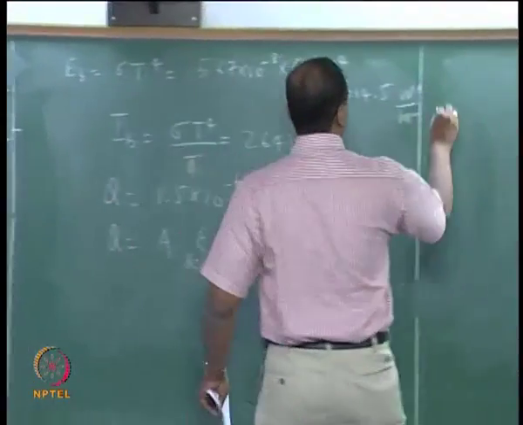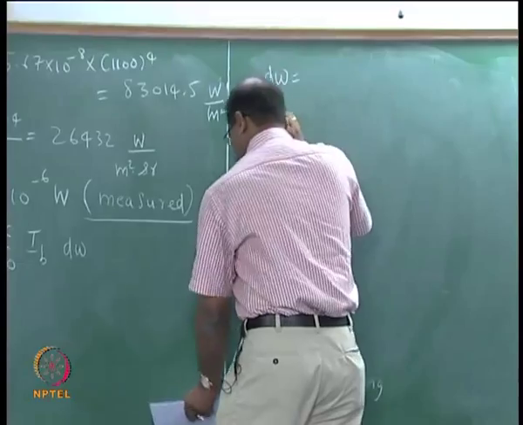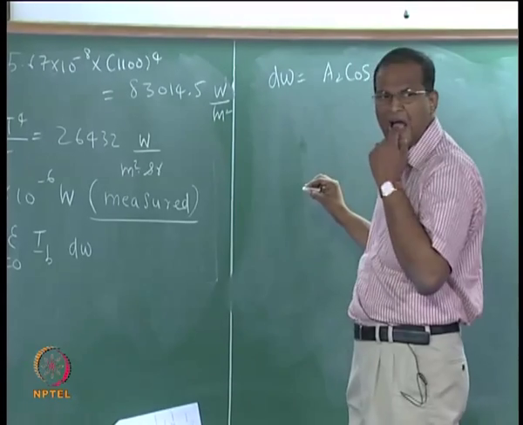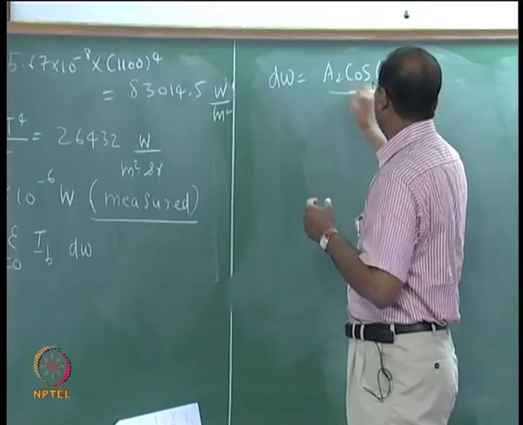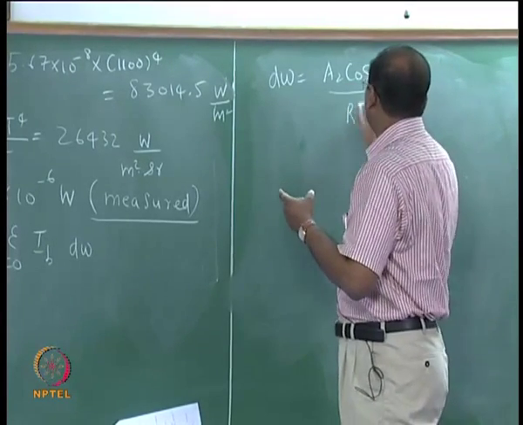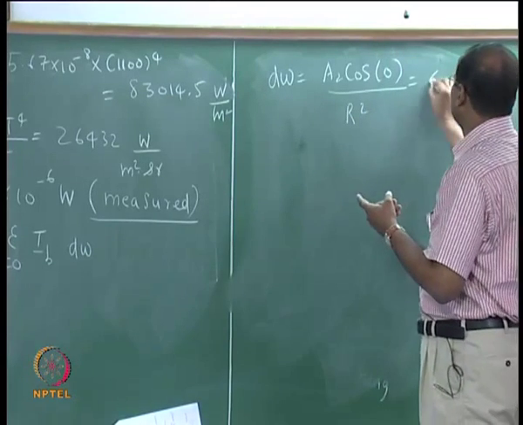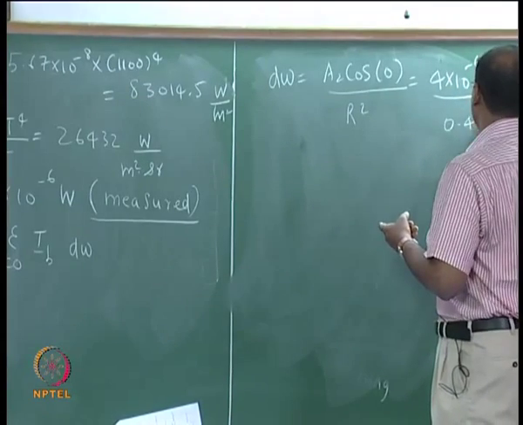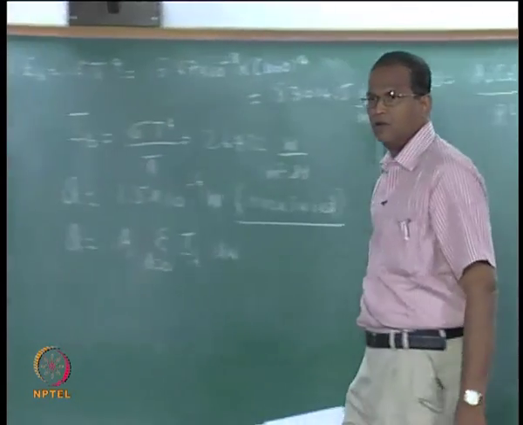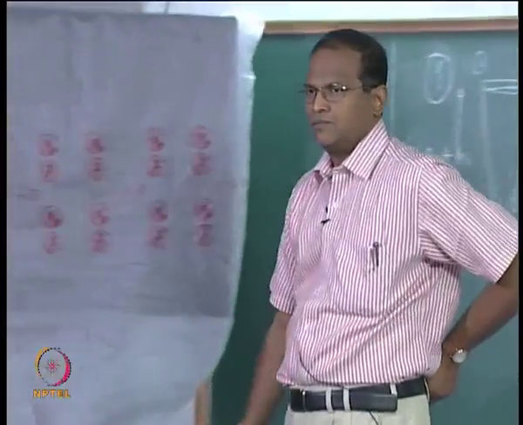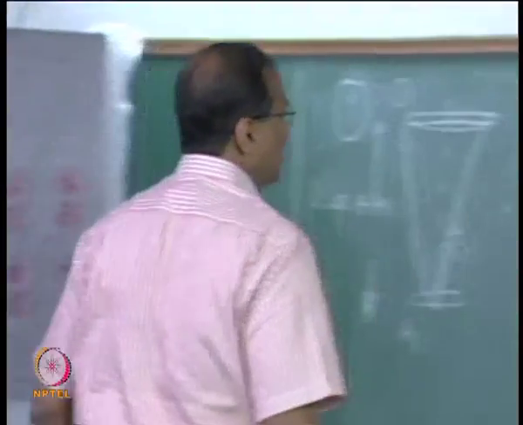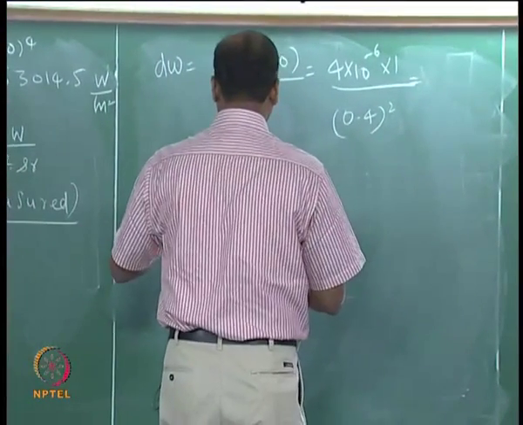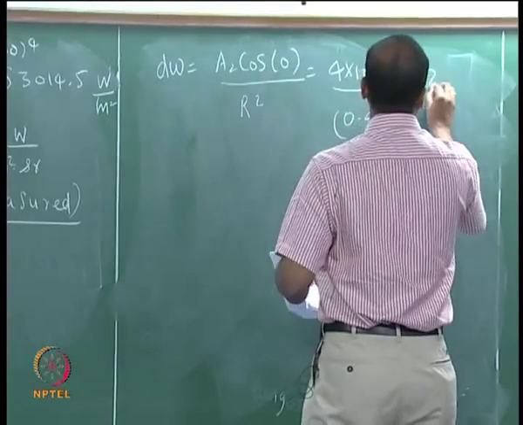So now d omega is A2 cos theta by r squared. Please tell me, A2 is how many steradians? I have 2.5 into 10 to the minus 5, correct?